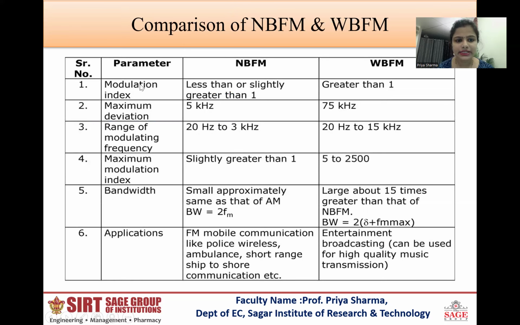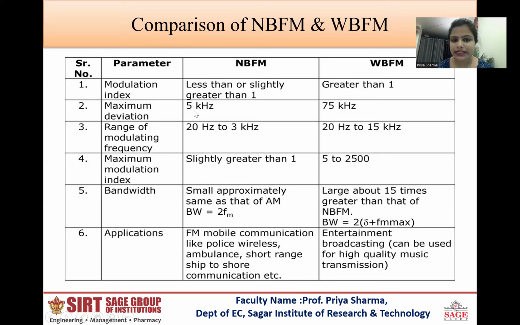As for the modulation index, which I have already discussed, in NBFM it is less than or slightly greater than 1, and in WBFM it is always greater than 1. Maximum deviation is 5 kHz in NBFM and 75 kHz in WBFM. Maximum deviation means the amount by which frequency can deviate with reference to the carrier frequency.